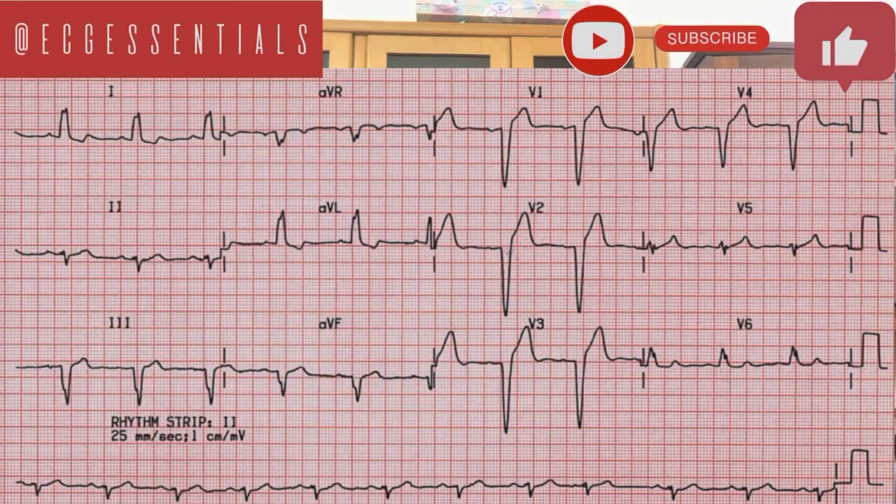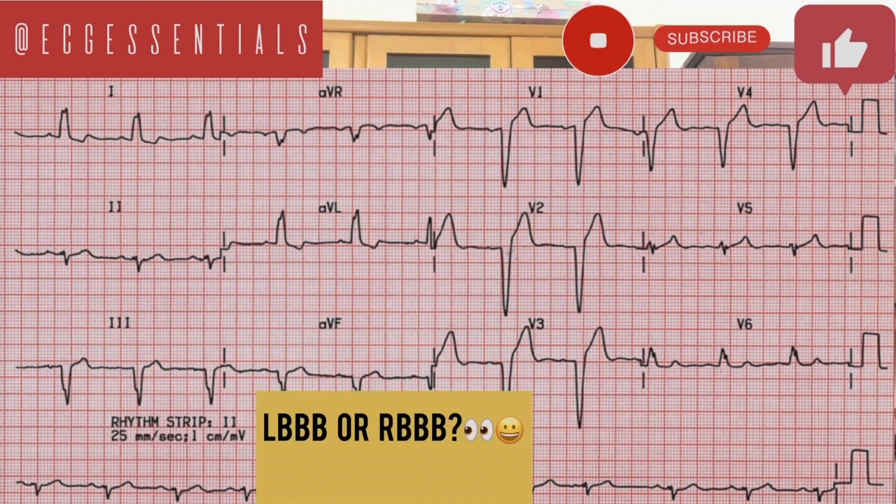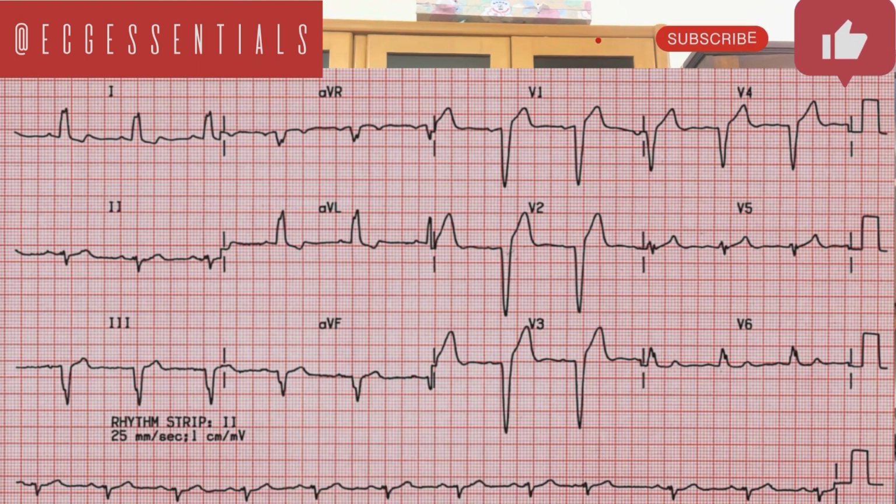So if the QRS is wide, then as we have just said, it is either ventricular or it is supraventricular with an aberrant conduction. For example, an aberrant conduction may be seen in a number of bundle branch blocks, and so that may give us broad QRS complexes, but it doesn't necessarily mean that the origin of that rhythm is the ventricles.